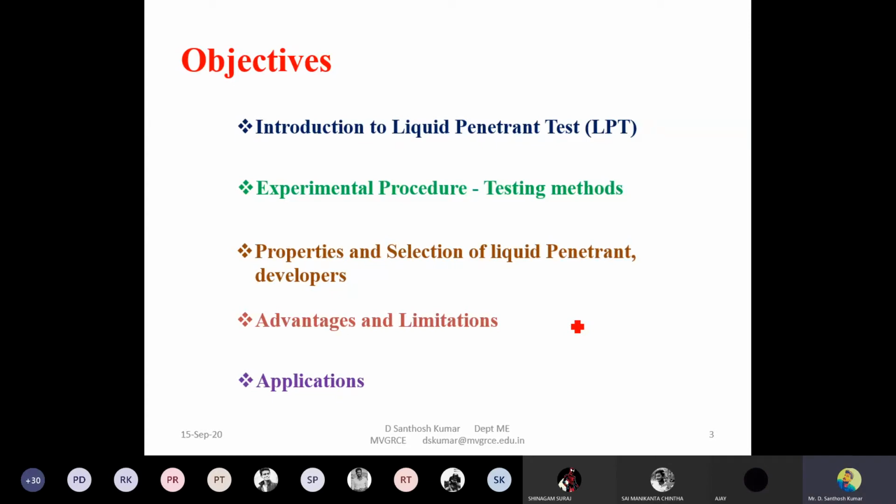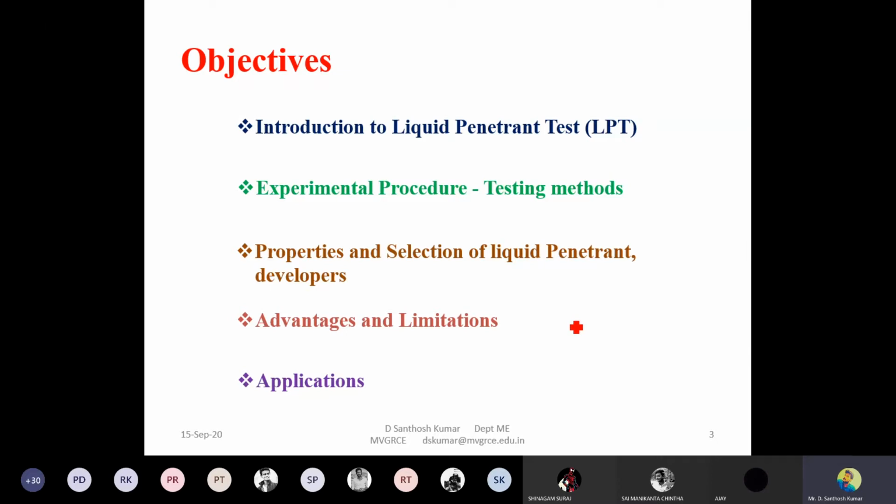We will also discuss how you select them, because there are different kinds available. A lot of penetrants are available, and there are different types of developers too. But as per the need, you have to select a suitable penetrant and developer. All of this depends upon the property, which is also a very important thing.